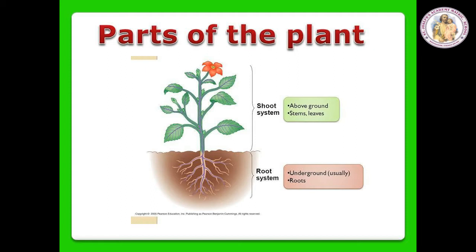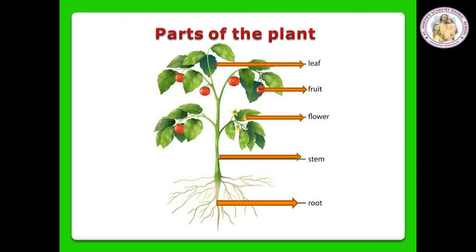The part of the plant that grows above the ground is called the shoot system. It consists of stem, leaf, flowers and fruit. Children, are you ready to say the parts of the plant? Yes. Root, stem, flower, fruit, leaf.